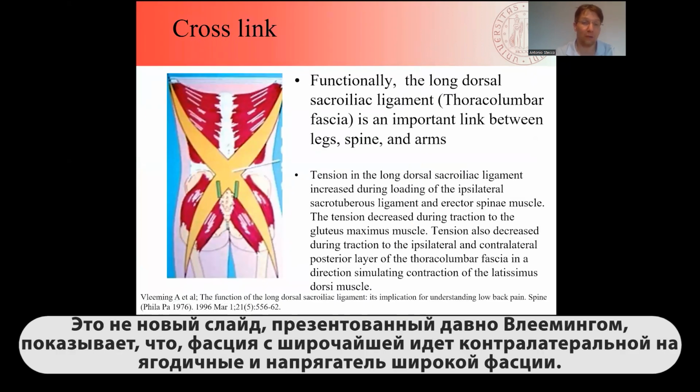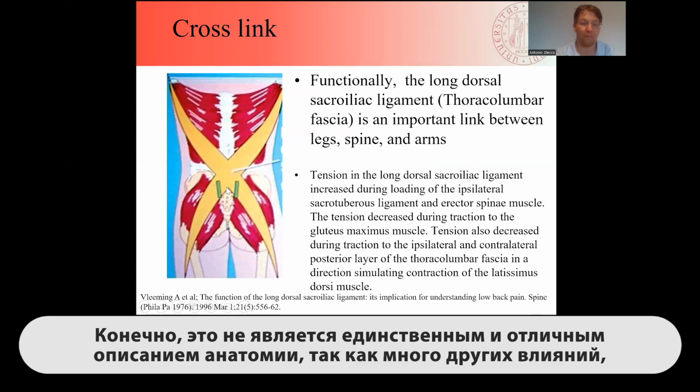It is nothing new, because it was presented a long time ago by Willard, that he said that the fascia goes from latissimus to the lumbar fascia to gluteus maximus contralateral and to the rectus spinae, to the lateral portion of the IT band.